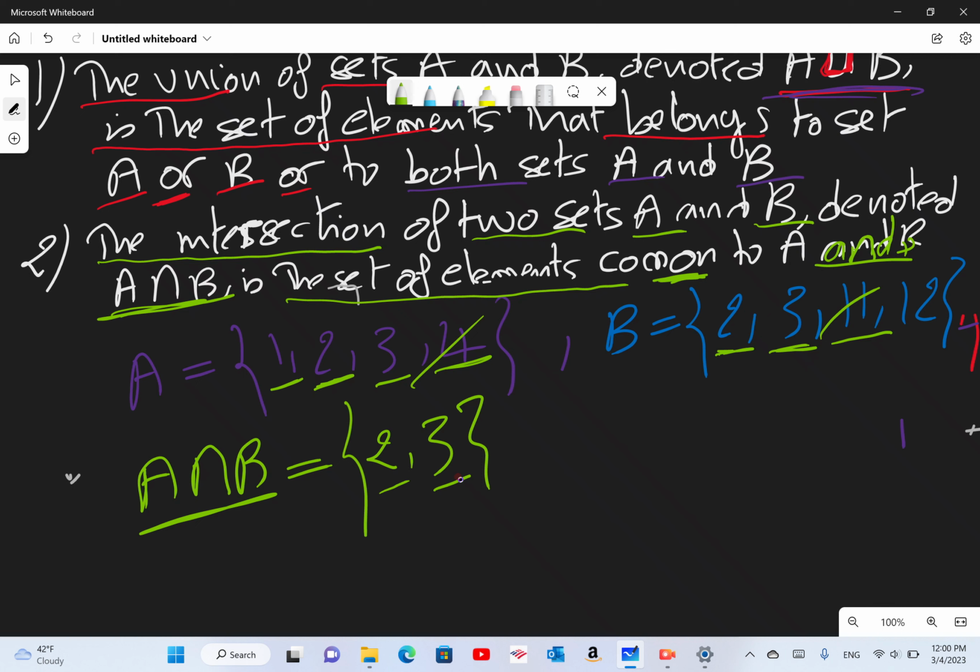Those are the 2 elements that are in A and in B, and that's what the A intersection B is in this particular example.